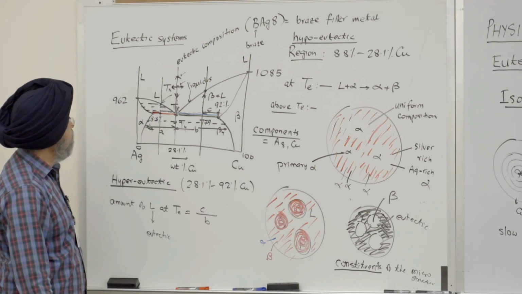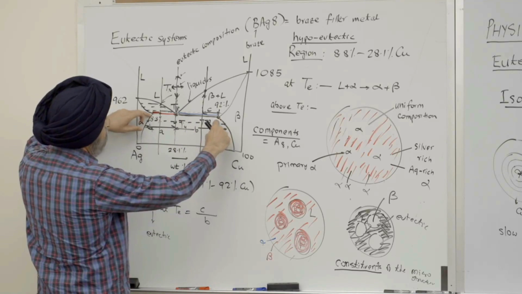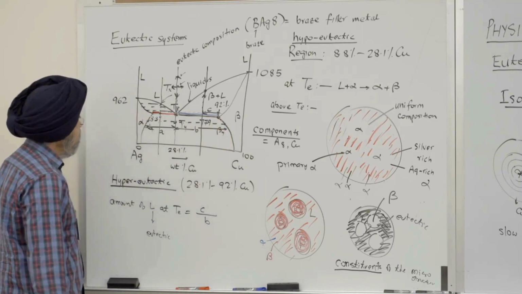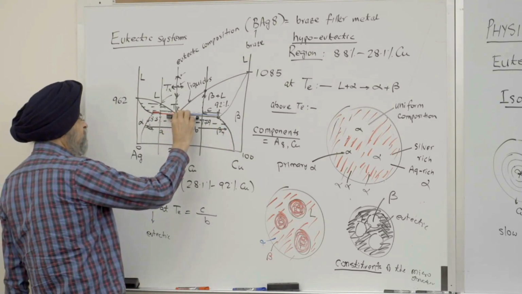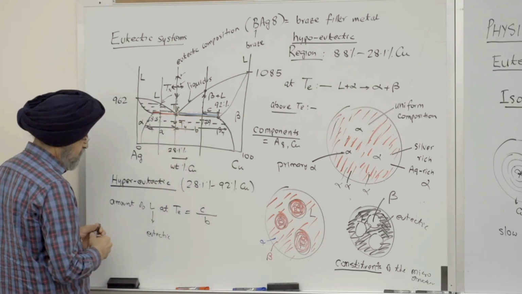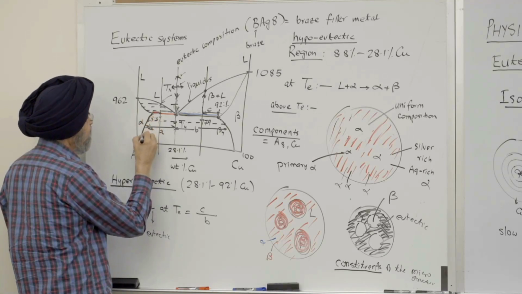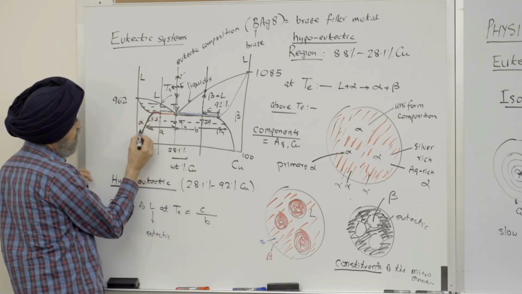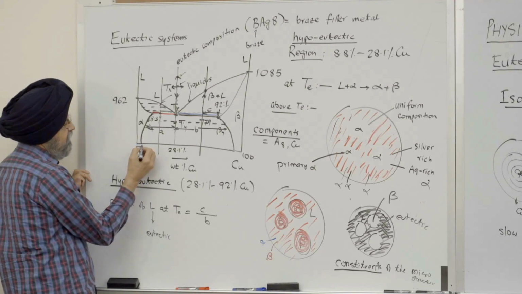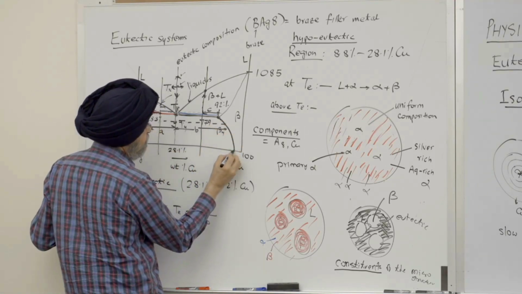Okay, great. So we have covered the eutectic and this whole composition range, except I didn't mention what happens when you cool down in this range from this temperature to that temperature. Notice the copper content is decreasing in the alpha, and in the beta, the silver content is decreasing.